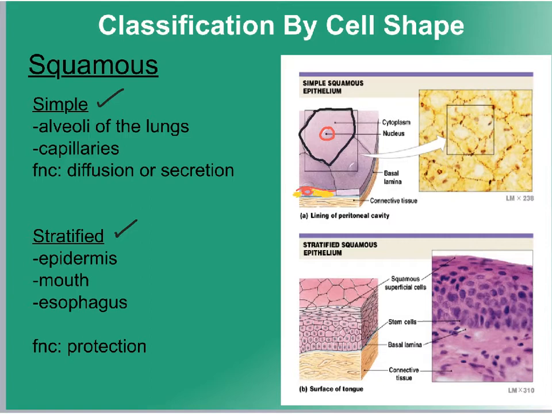Okay, so in this case, this is simple squamous epithelial tissue, meaning there's just one layer of cells in the tissue, and immediately deep to that is going to be that connective tissue that anchors that epithelial tissue to the rest of the body.